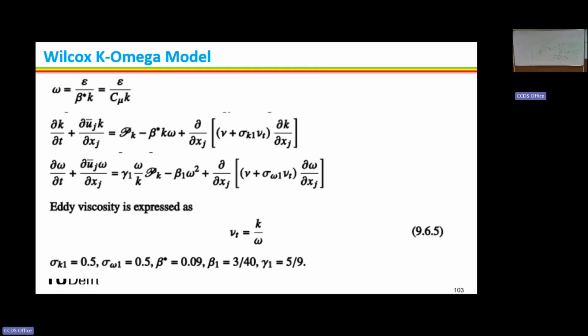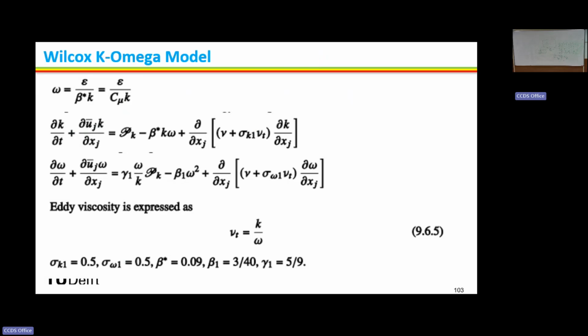There is a dissipation term, right? In terms of omega. Similarly, in the omega equation, there is a dissipation or destruction term in terms of omega square. There is a production term, right? There are some other coefficients. These constant coefficients are prescribed: beta star 0.09, beta 1 3 by 40, gamma 1 5 by 9.